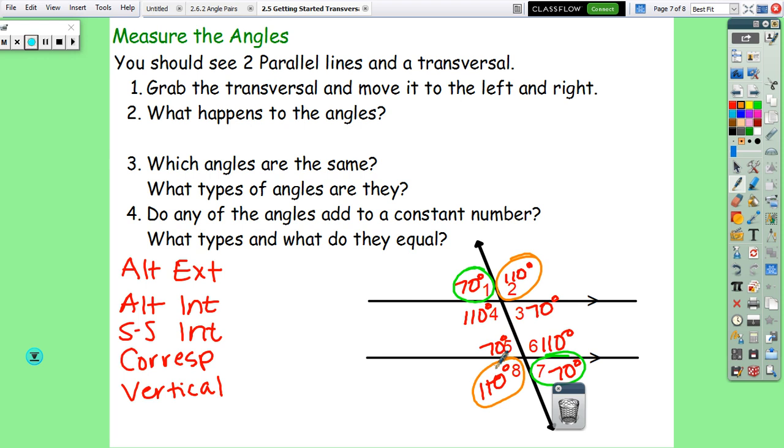So what can we say about pairs of alternate exterior angles? Alternate exterior angles are congruent. Okay? If we look at corresponding angles, okay, corresponding angles would be like angle 2 and angle 6, angle 4 and angle 8. So what do you notice about those angles? Corresponding angles are also congruent.